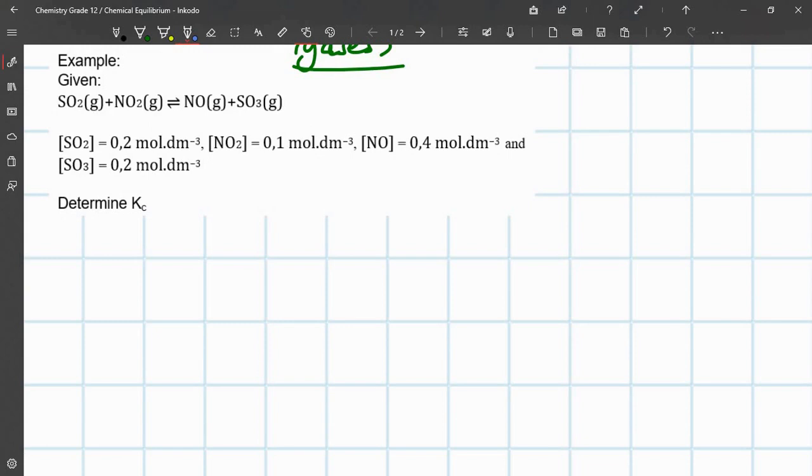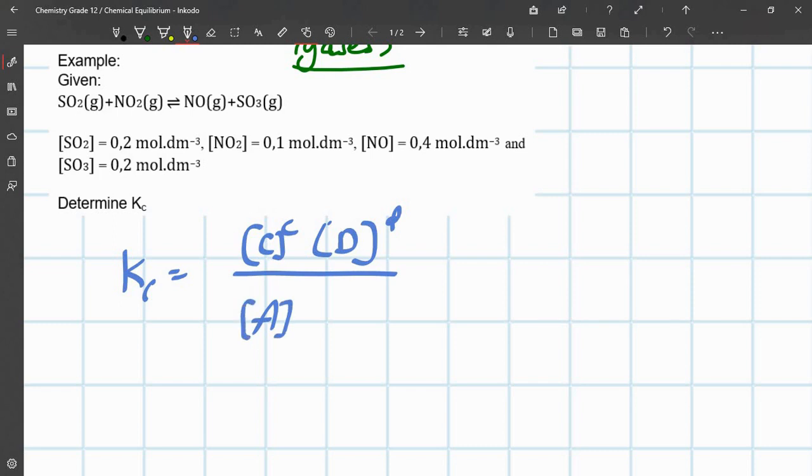So first step is we write the equation for Kc. Remember the equation is Kc equals the concentration of C to the exponent c times the concentration of D to the exponent d, all over the concentration of A to the a times the concentration of B to the b. Now let's look at the coefficients. There's a coefficient of 1 there, 1 there, and 1 there.